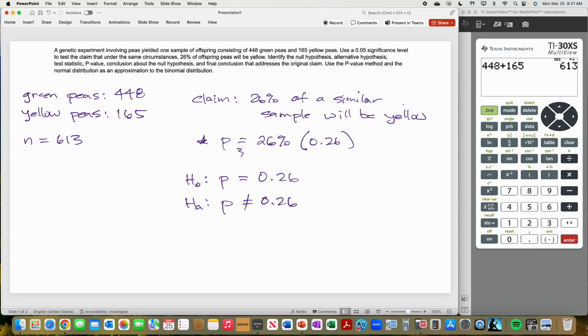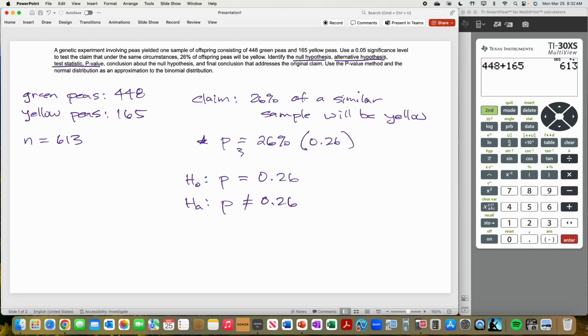That is pretty much all the math we need to do. The rest of this we can do in StatCrunch. We've identified the null and alternative hypotheses. The test statistic and the p-value we will get out of StatCrunch, and then the conclusion about the null hypothesis and the final conclusion we'll make once we have everything in StatCrunch.